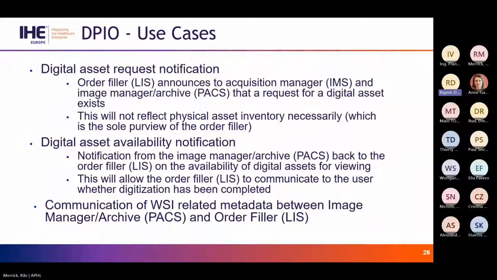When there's a new digital asset, there needs to be a notification that that digital asset exists. Of course, the LIS is the manager of the physical assets, the glass slides, but in today's day and age, it's starting to become also the inventory management system for the digital asset along with the PACS. So there needs to be tight communication between those two systems.